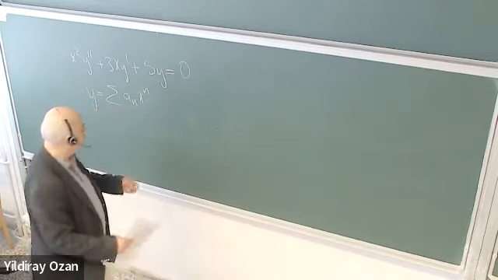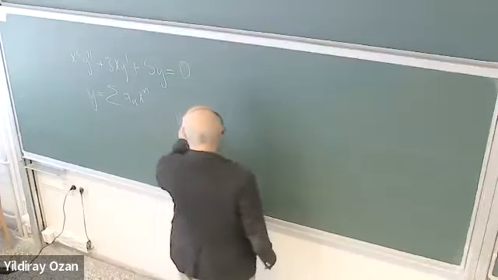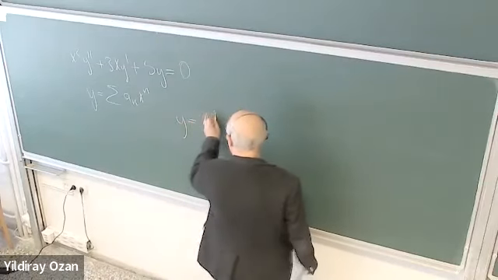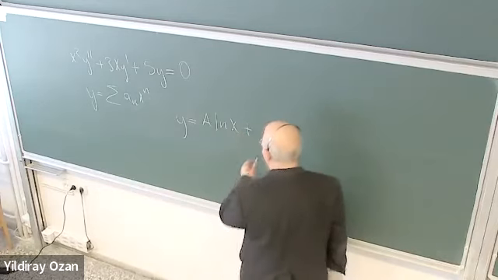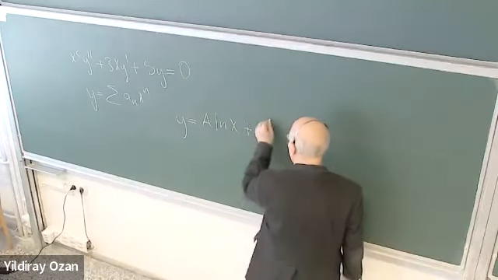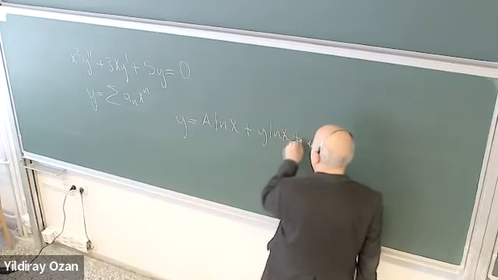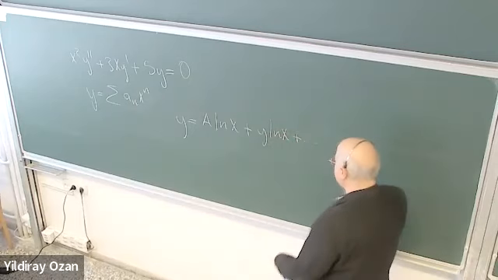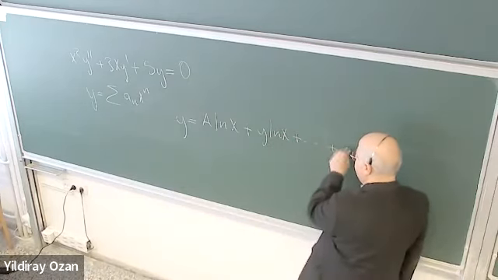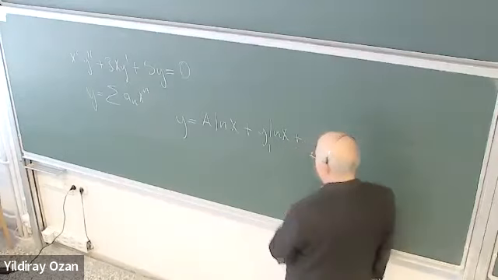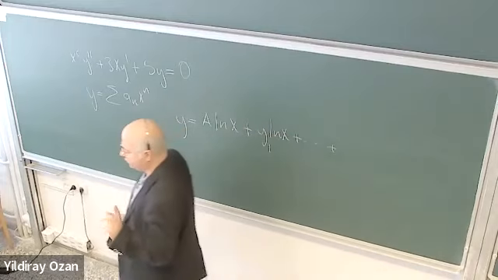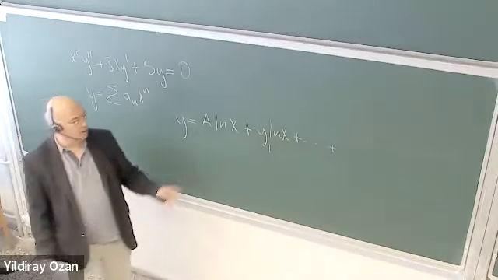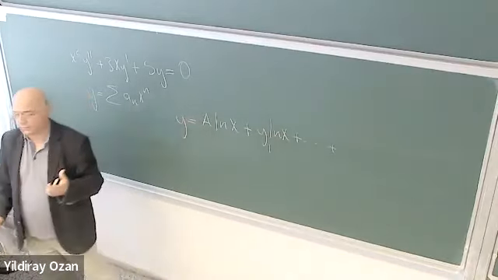I don't remember now, but it's something like this. There are some logarithm terms, and then some functions times logarithms and so on, and then some power series. I don't quite remember, but the form of the solution is quite difficult.